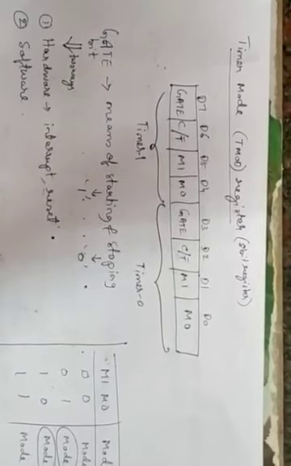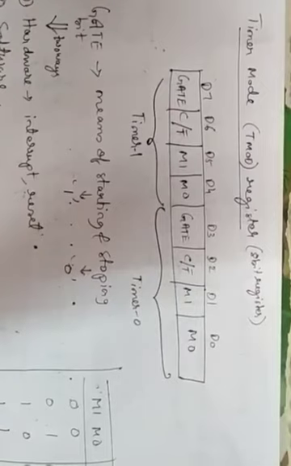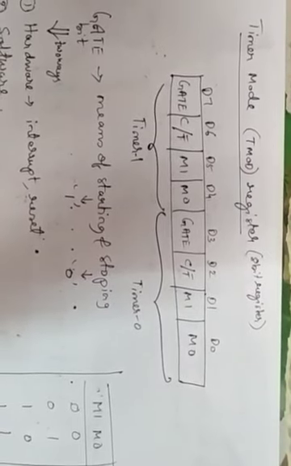The TMOD register is an 8-bit special function register and its internal format is like this. D0 to D7, so 8 bits are there. The higher 4 bits, D7, D6, D5, D4, are dedicated to timer 1. D3, D2, D1, D0 are dedicated to timer 0.